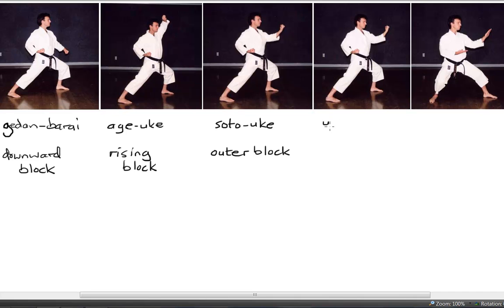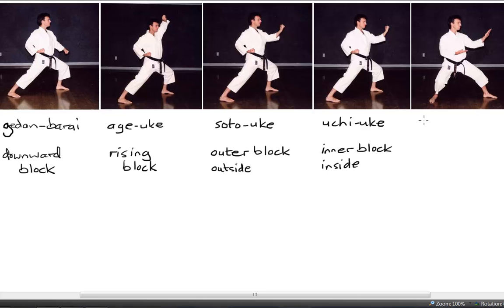Then the uchi-uke, which again we generally refer to as being the inner block, or sometimes the inside block. Inner or inside, here again outer block or outside block.